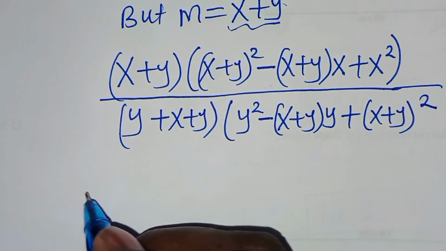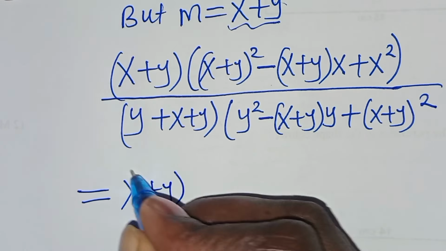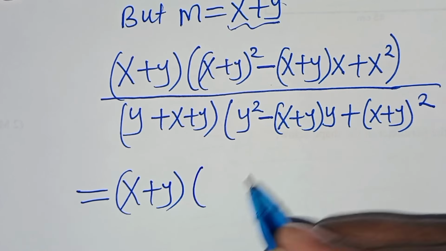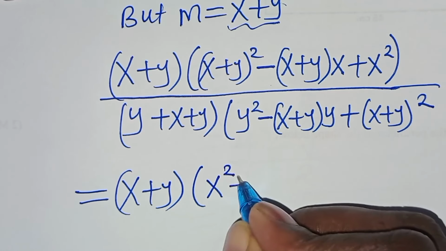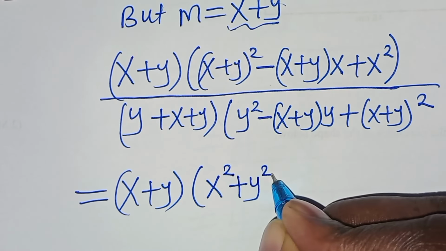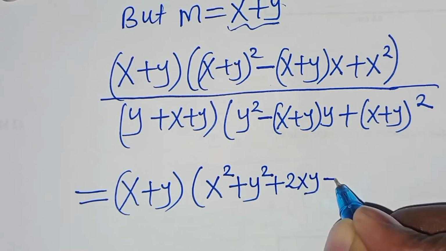So in the numerator part here, we have x plus y, then again x plus y squared, this is x squared plus y squared, then plus 2xy, then subtract here.